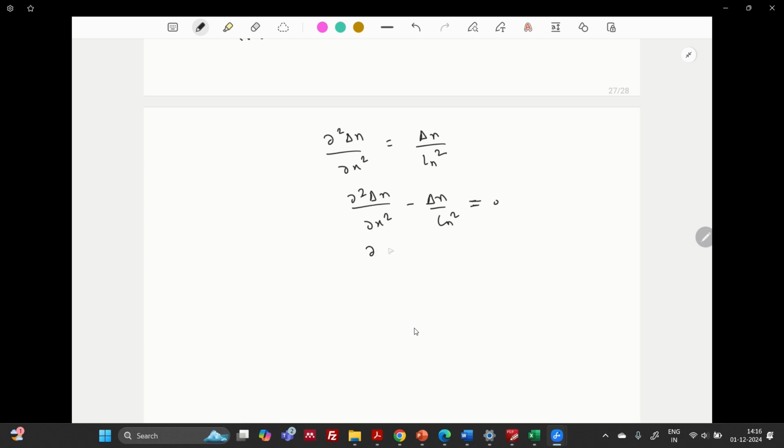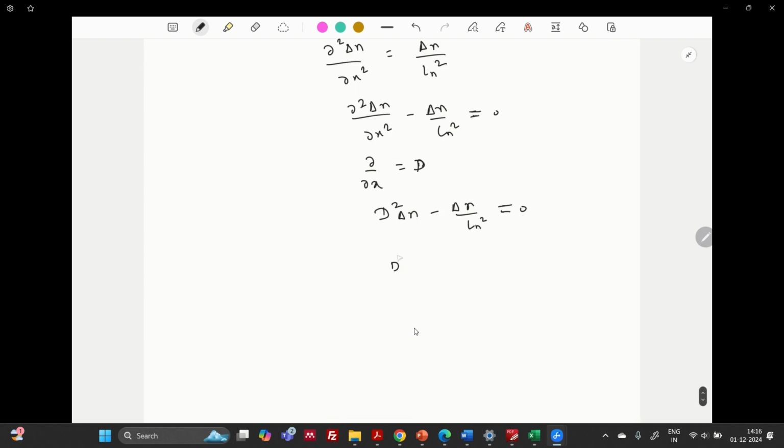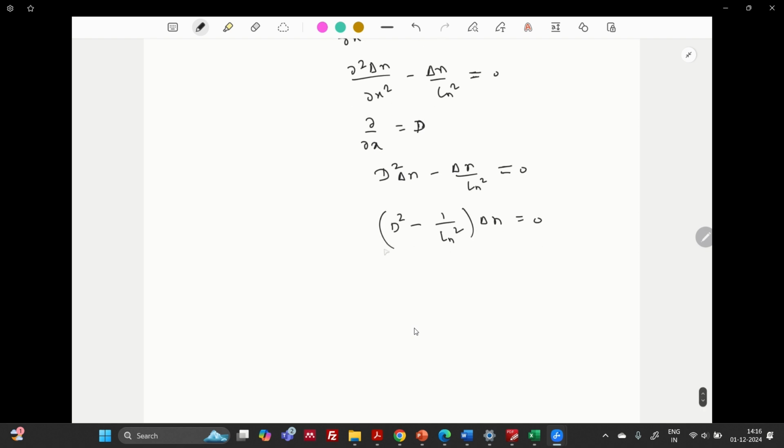So you have del by del x, let me call this an operator D, right? So you have D square delta n minus delta n by Ln square equal to 0, and you can write D square minus 1 by Ln square acting on delta n equal to 0. Now you can calculate the solution of this.